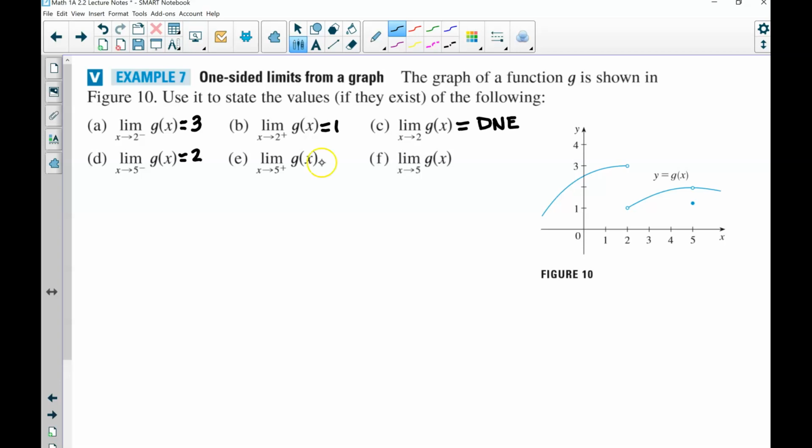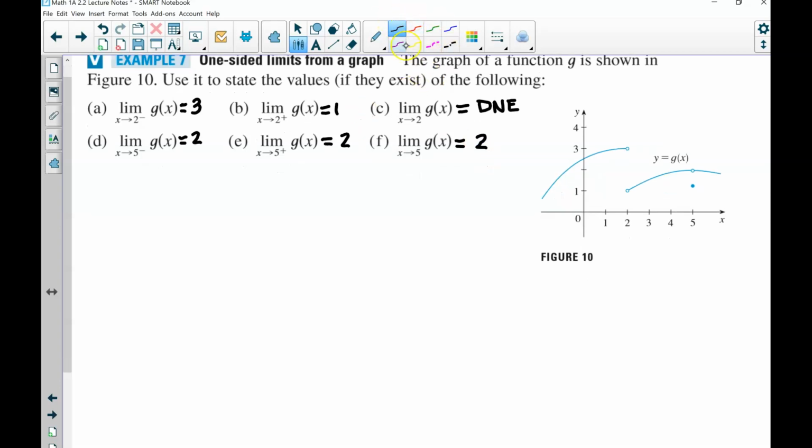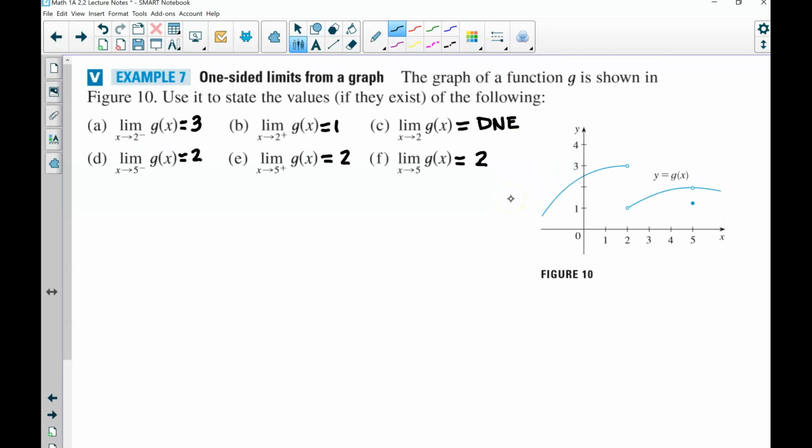Now, part E is asking us, what happens when x approaches 5 from the right? Well, on the function, it's again approaching the value of what? 2. So in this scenario, when we're trying to find the limit as x approaches 5 of that function, because it approaches 2 from the left of 5 and approaches 2 from the right of 5, we would say that this limit approaches 2 because it satisfies that definition.